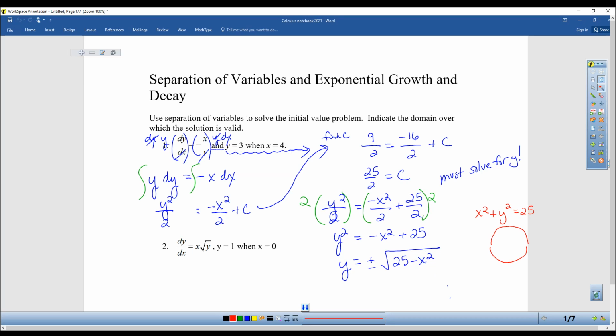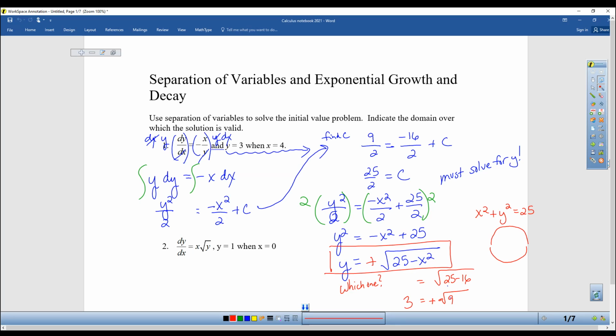So if I plug a 4 in, which one do I want? Well, when I plug a 4 in, square root of 25 minus 16, I get square root of 9, which is 3. So I do want the positive answer. So I'm going to erase that, and I definitely want the positive answer.